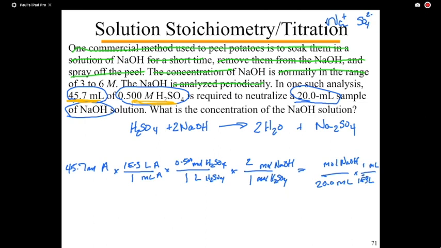The minus 3. So, in this case, mathematically I would take 45.7 times 1e to the 3 minus, times 0.5 times 2 divided by 20 divided by 1e to the 3 minus.